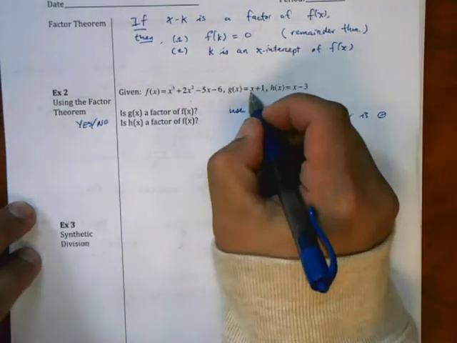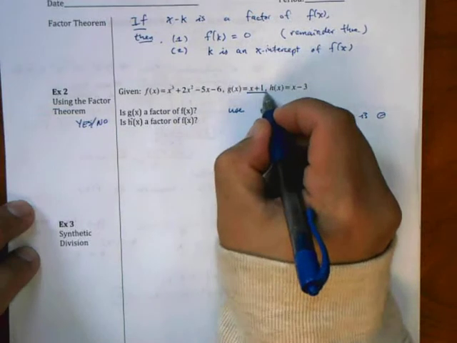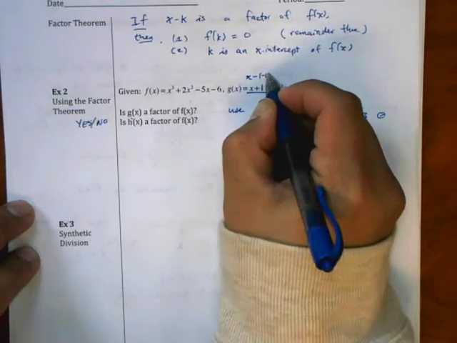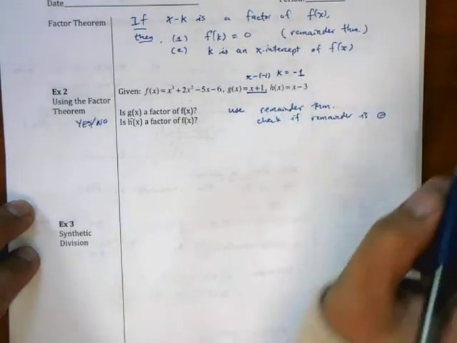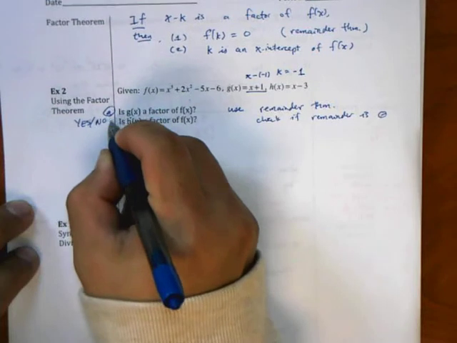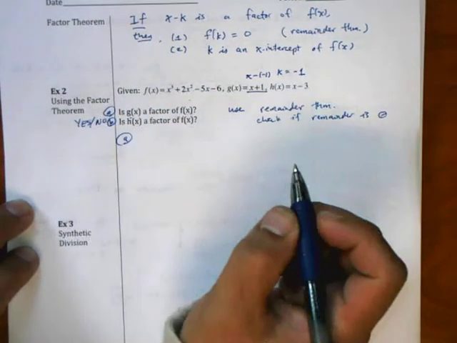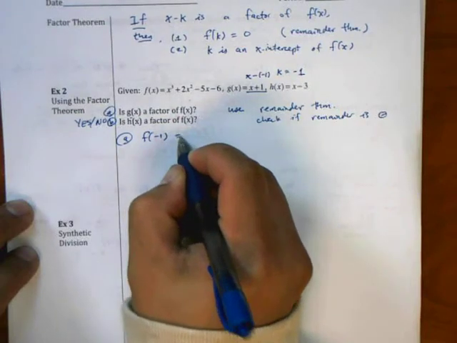So let's do this first problem here. In this expression, remember that this is x minus negative 1, so k is equal to negative 1. I'm going to call this part A and this part B. For part A, we can just ask, what is f of negative 1?